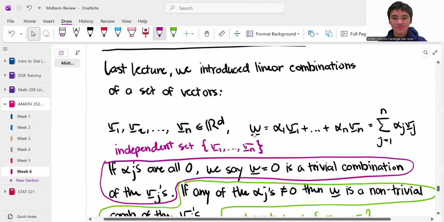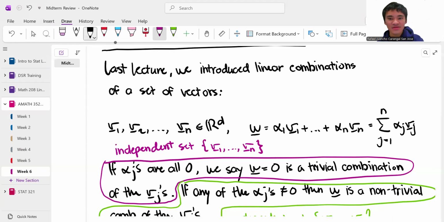Here we have a set of vectors v1 to vn, and we did vector addition with v1 to vn. But we also did scalar multiplication because we multiplied alphas to each of these vectors, and we get this vector w out of it. What does that say?